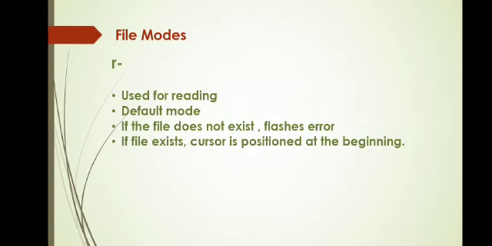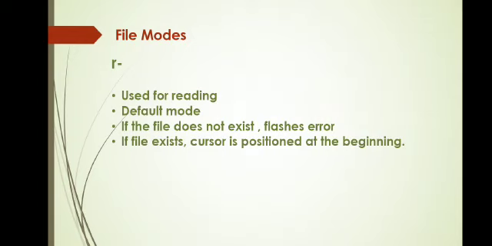If you do not specify any mode, the mode that the system is going to use is R mode. That means it is going to open the file for reading. Now it might happen that the name that you have specified does not exist, that means the file does not exist and you are trying to open that file for reading.